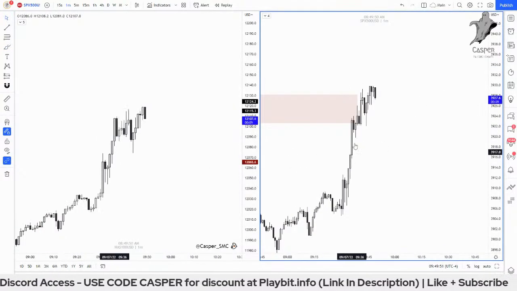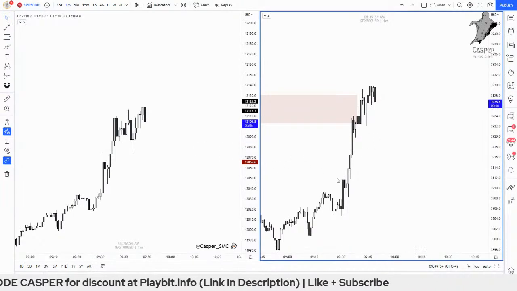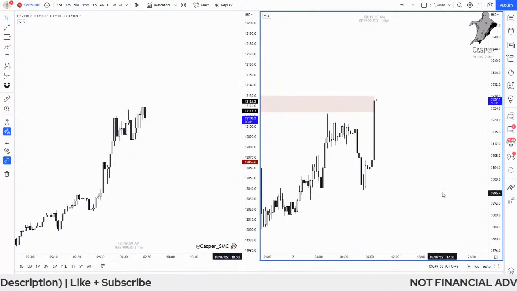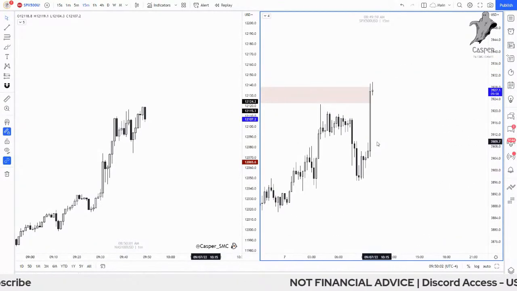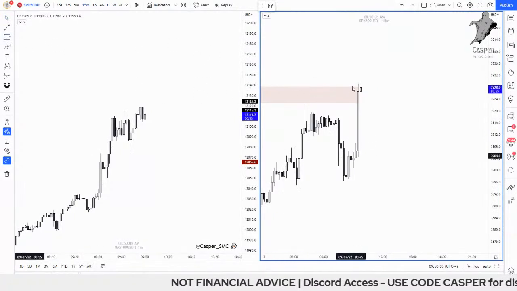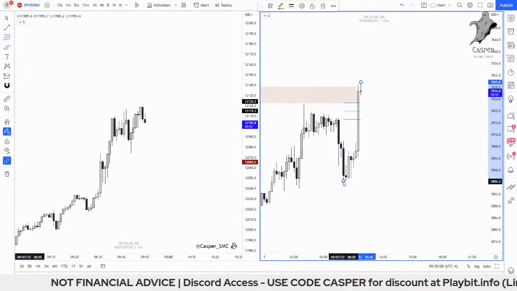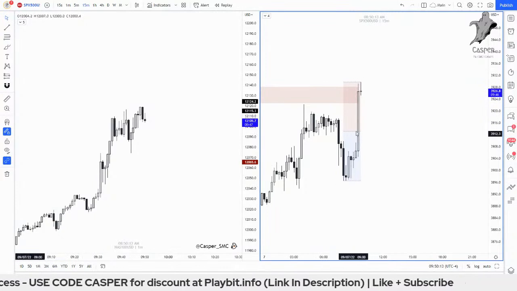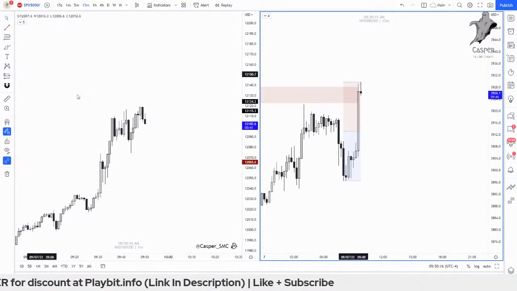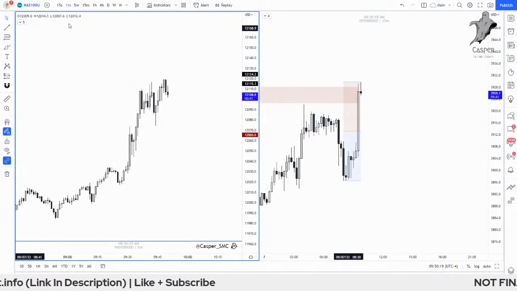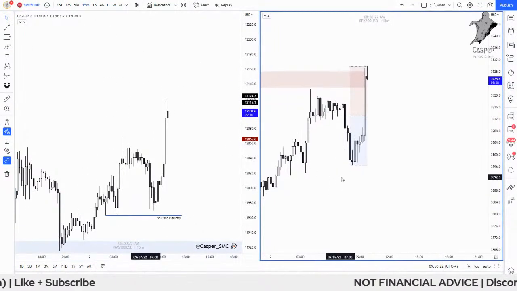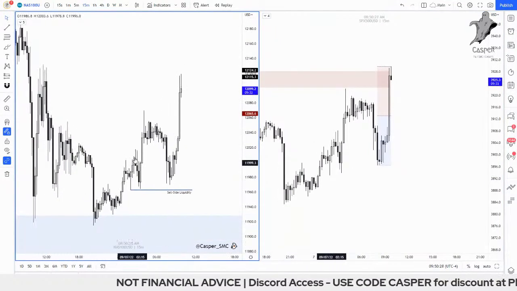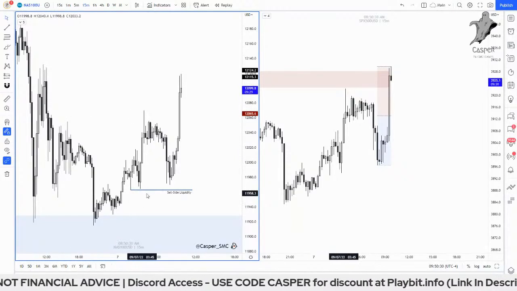Now the S&P still has a lot of imbalances right here, but the thing with the S&P, to be honest, looking at this little range we've formed, the sell would be over pretty quickly. Probably take this out of these lows.